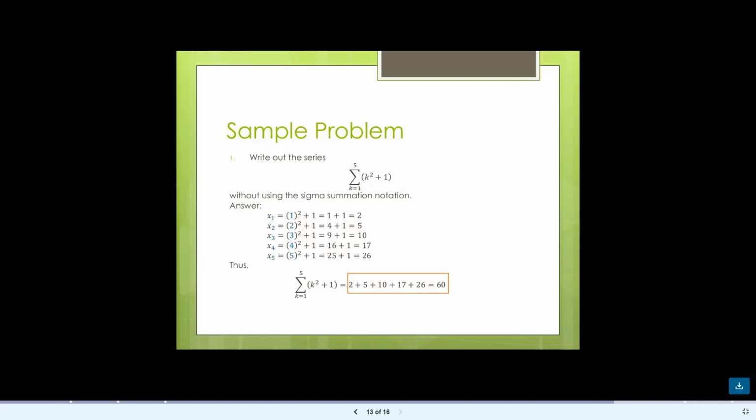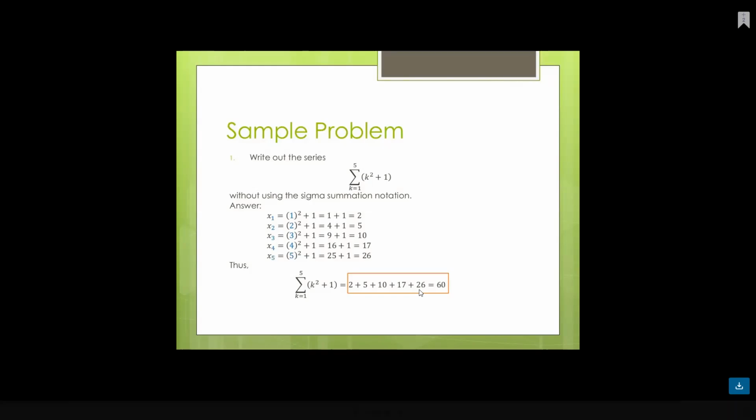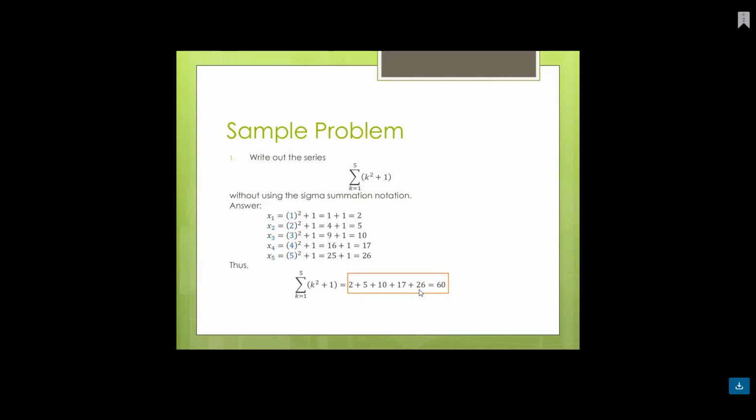Those are the terms, and then you add them up. As you will realize, adding up a lot of these numbers will be a problem. Therefore, we're going to move on in just a moment to categorize these series into what we call arithmetic series, geometric series, and so on.